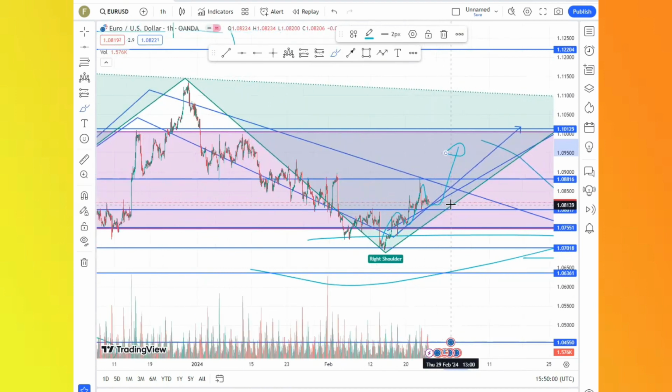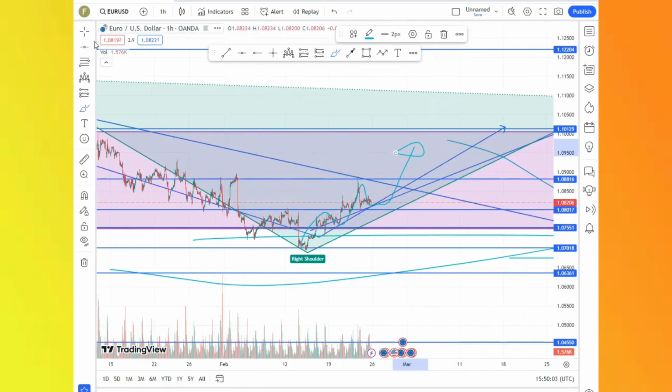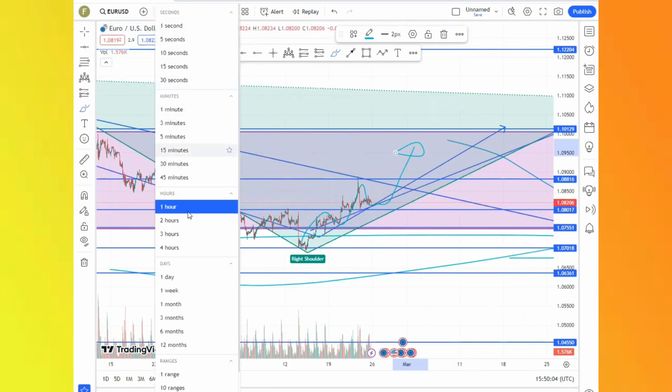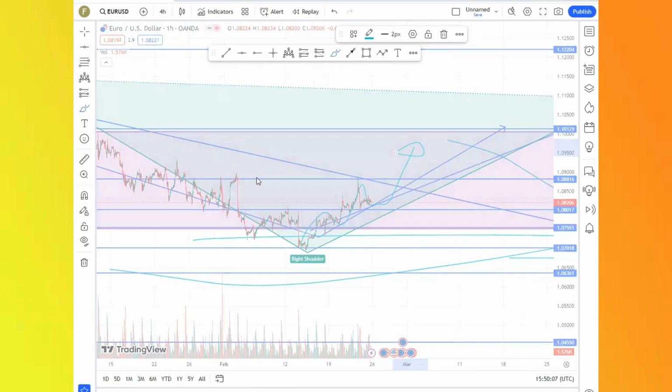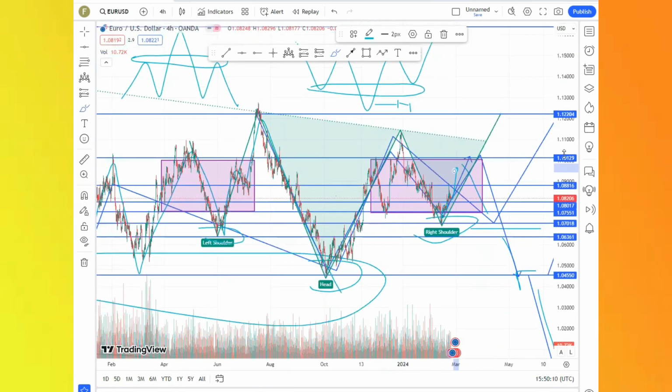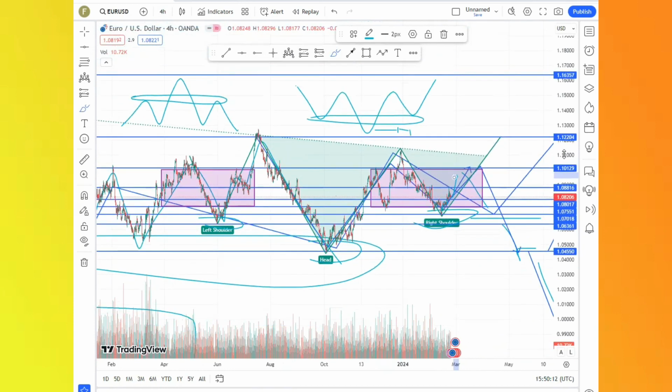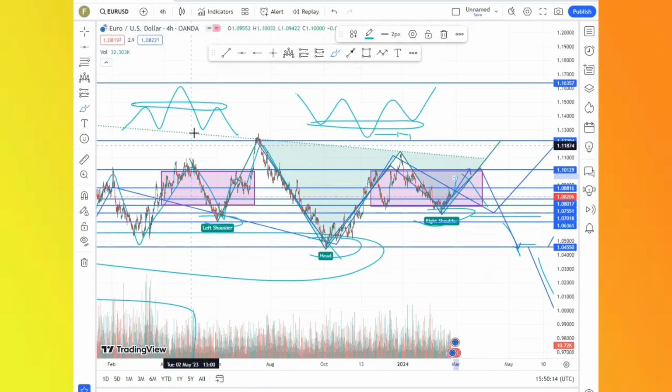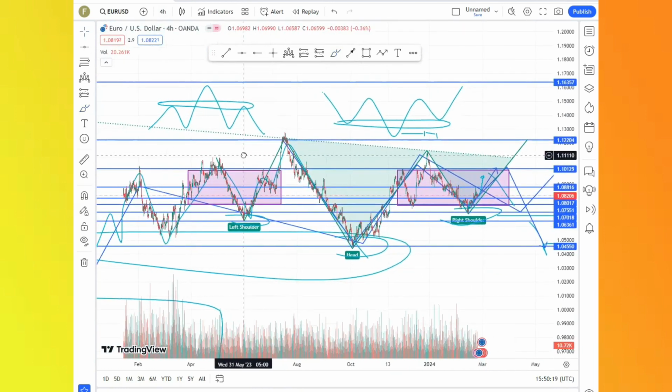I would take this trade at this point here, because seeing that from a 4 hour time frame, we can see that our level is respected because of this here.